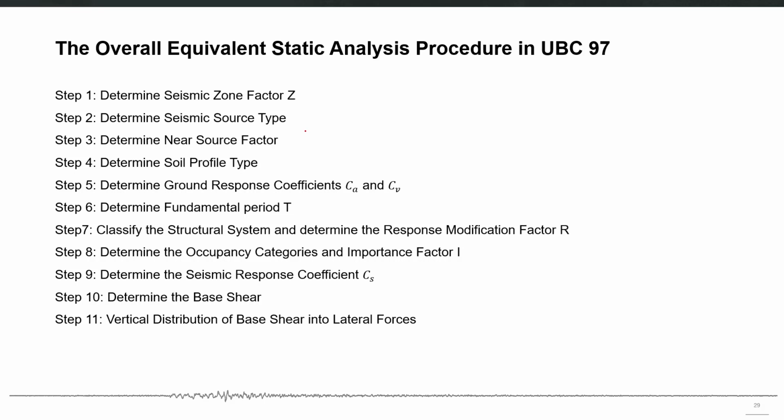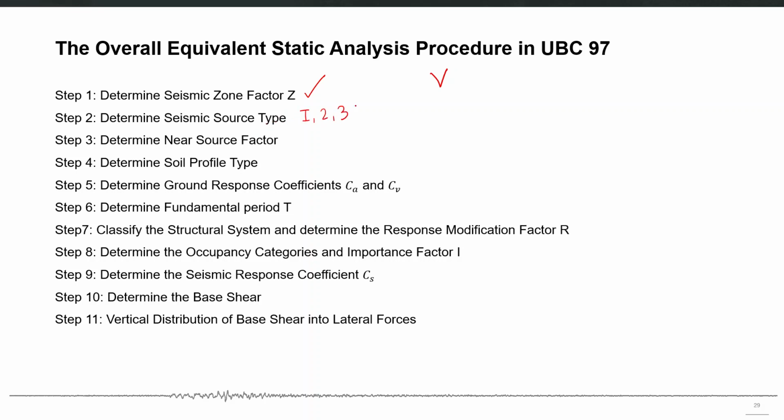So the overall procedure now to calculate the base shear and then distribute it along the story height can be summarized in the following steps. For example, the very first step is that you should determine your seismic zone factor, in which seismic zone your site lies, and then you also determine the seismic source type 1 or 2 or 3.